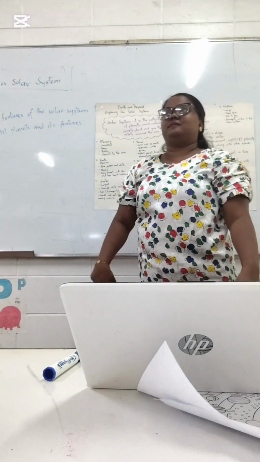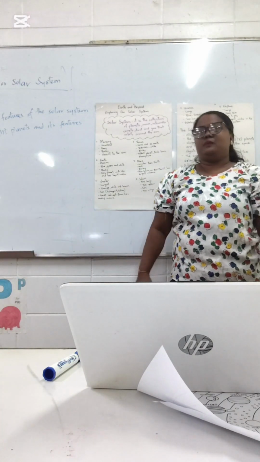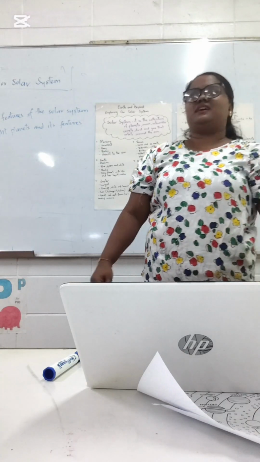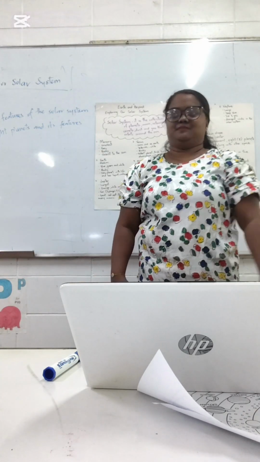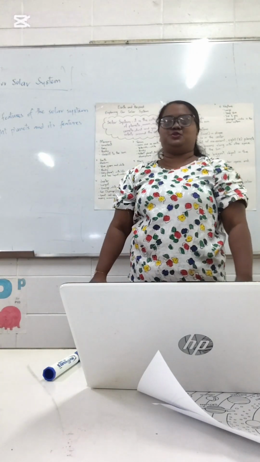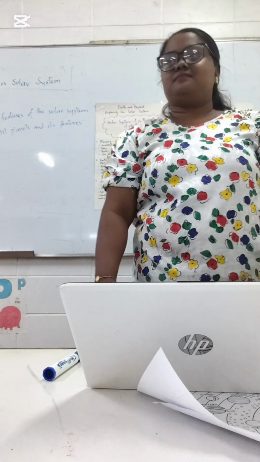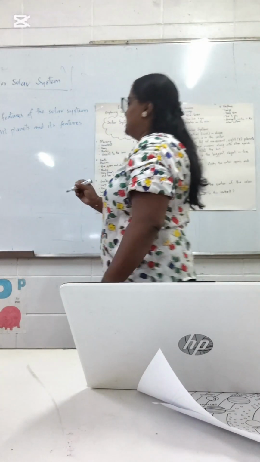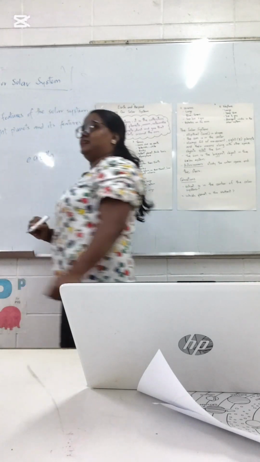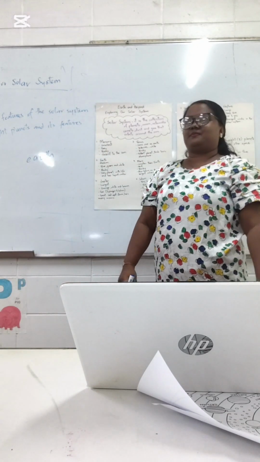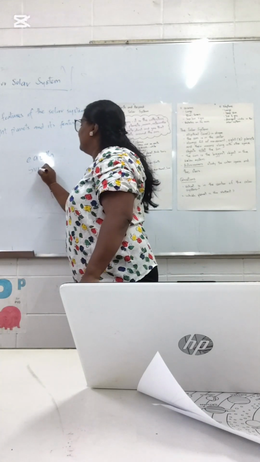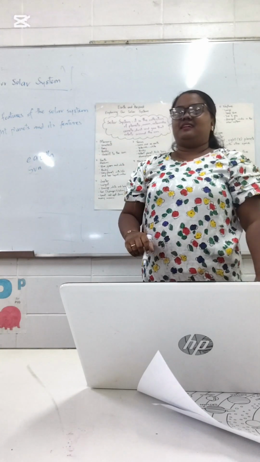Okay, children. Before we begin with our lesson today, what comes to your mind when you hear the word solar system? What are some of the keywords that come to your mind? Earth. Good. Earth. What else? Sun. Right.